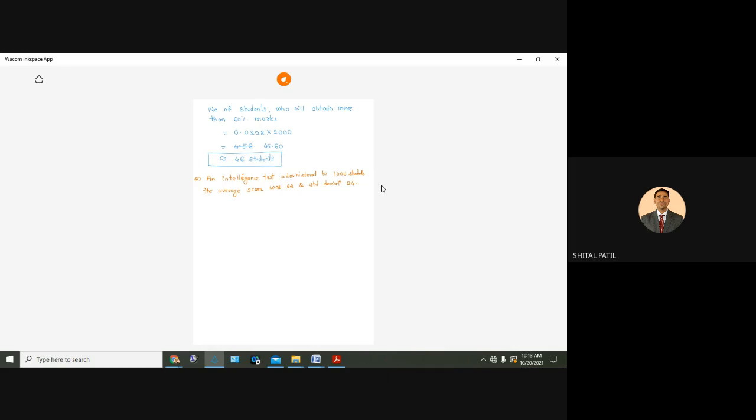Find the number of students with score lying between 30 and 54.